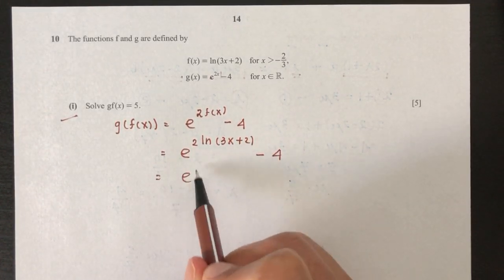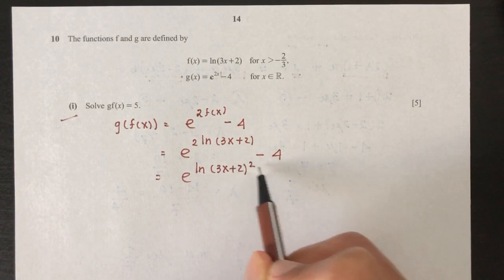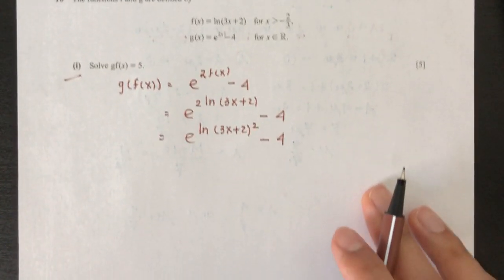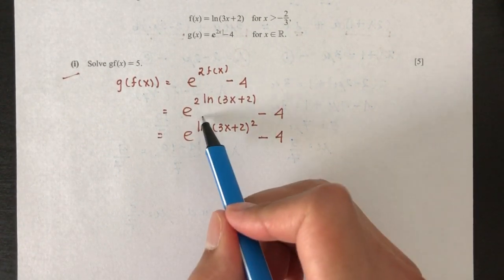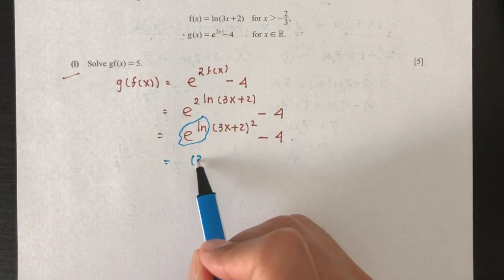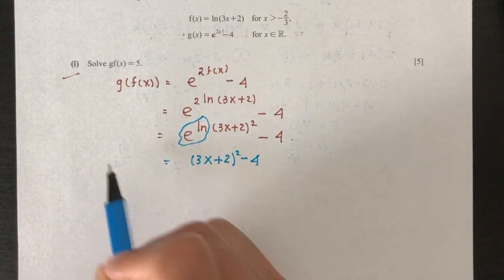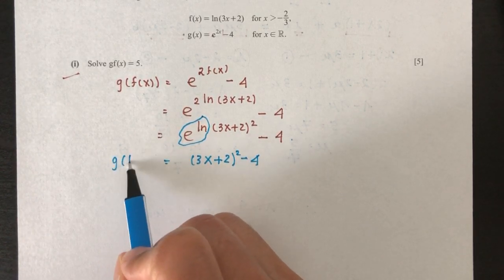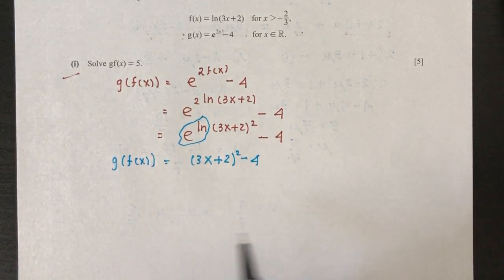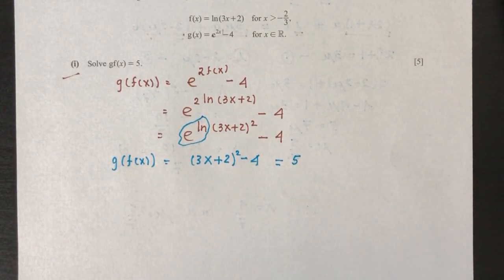Simplify, it becomes e^(ln (3x+2)^2) minus 4. Now this becomes 1, so you will have (3x+2)^2 minus 4 equal to g of f of x, and this is equal to 5. Find the value of x when that happens.